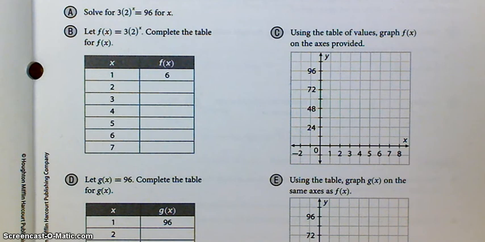First thing we're going to do is let our function f of x equals 3 times 2 to the x. Let's complete this particular table, and then we're going to use the table of values to graph that function. So I'm going to pause, and you pause also, fill in the table, and then graph, and then hit play and see if you get what I get.